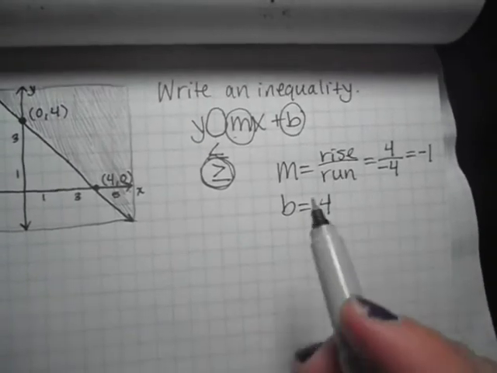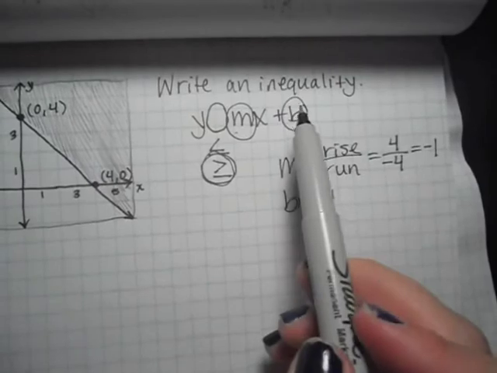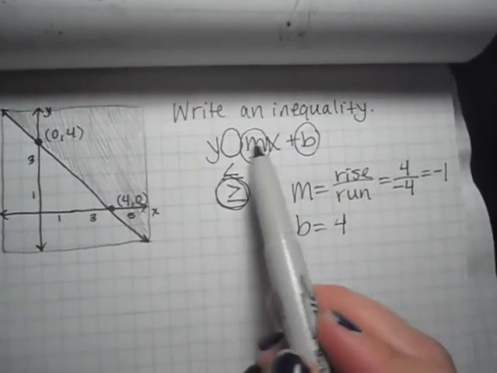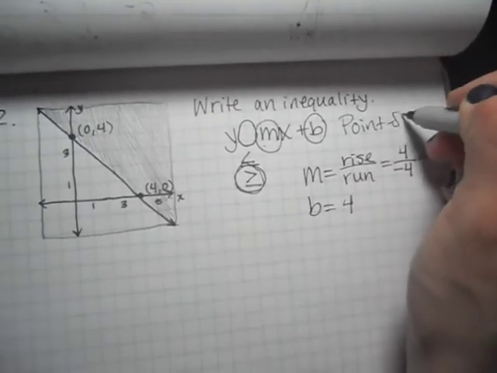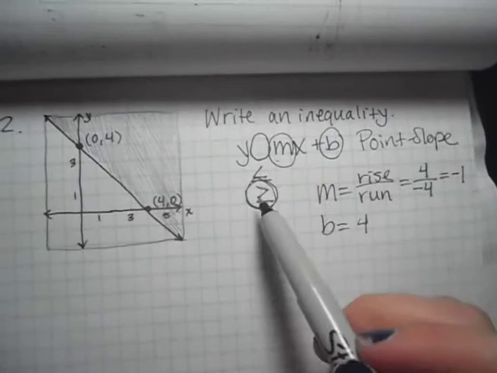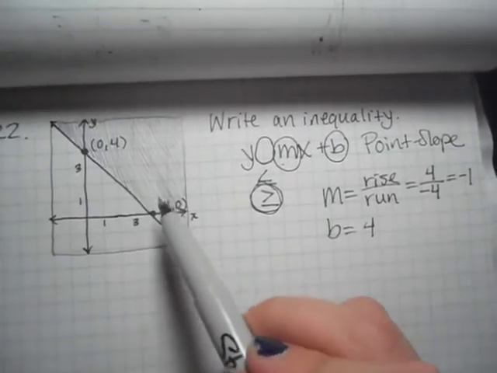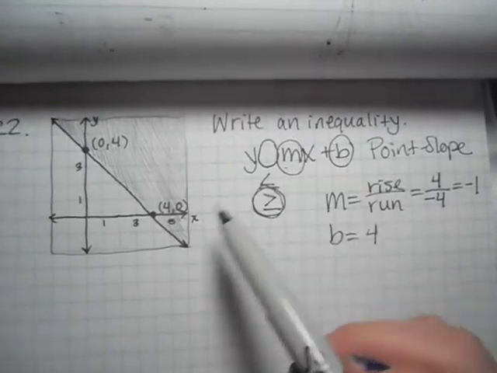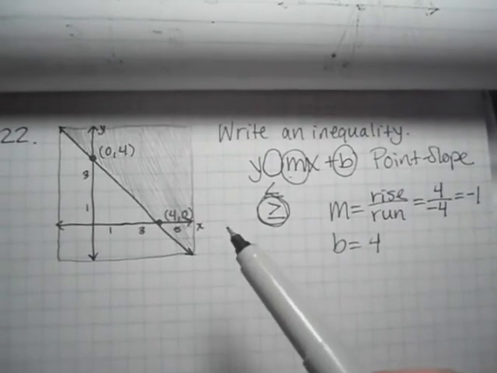Now all we have to do is use this, and this to plug into this to have our inequality. This is our point slope form. If you know this, and you know how to find this symbol, what the slope is, which we just did, and the y-intercept, then you can write the equation to any inequality.